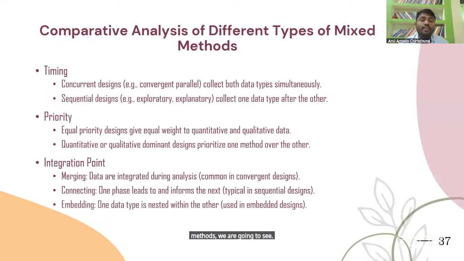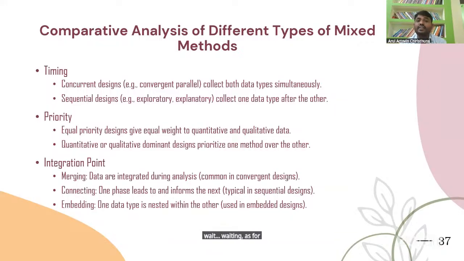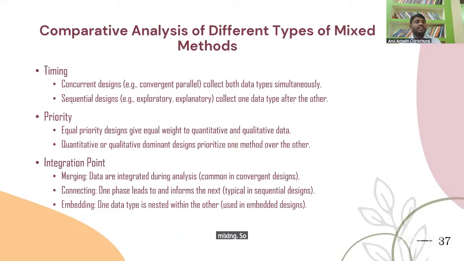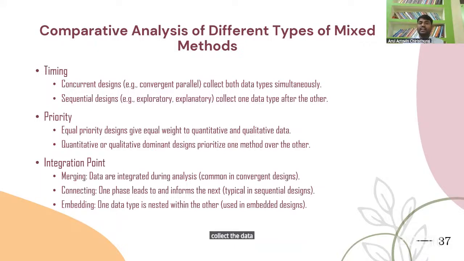You always start with the timing, then weighting, the weightage we give to each method, and the third one is mixing. Based on that, we can see the integration. So here the timing: concurrent designs collect the data at the same time.